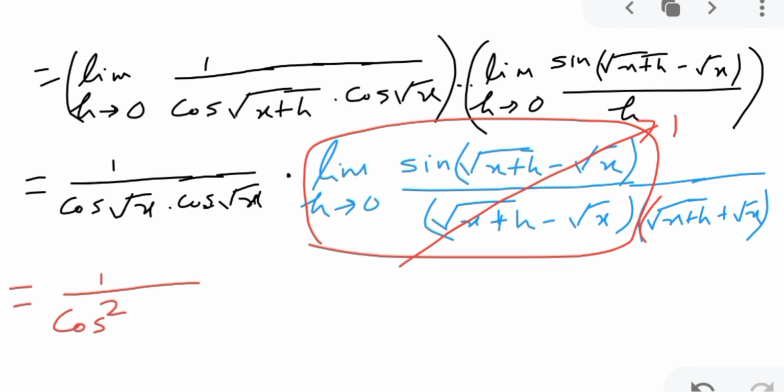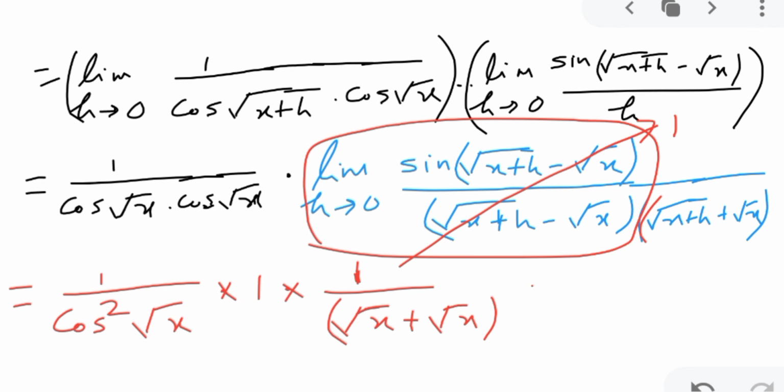This will be cos root x into root x, so I am writing cos square root x, and this limit value will be 1, and into 1 upon this limit value. If you put limit h tends to 0 here also, root x plus 0 will be root x, and plus root x.